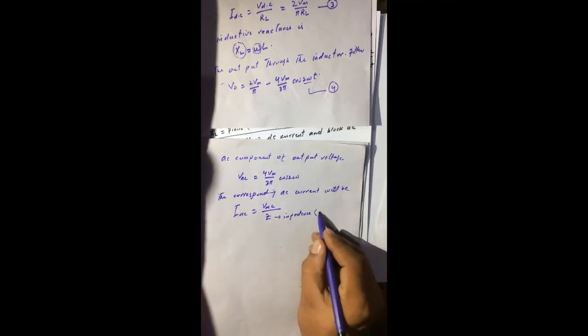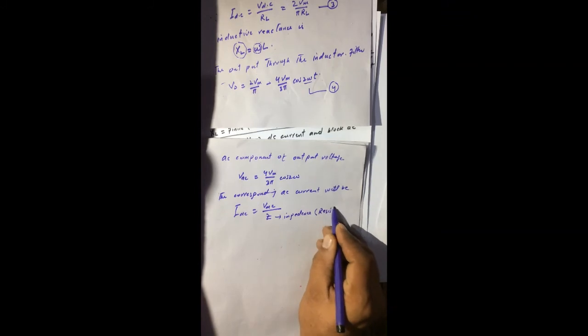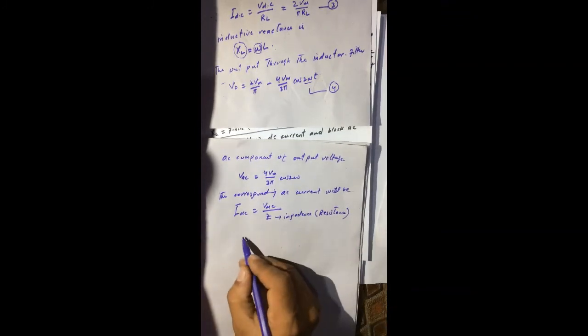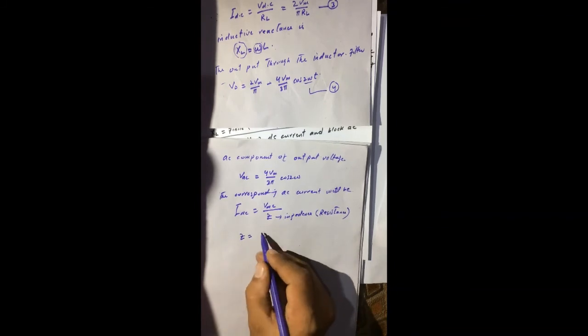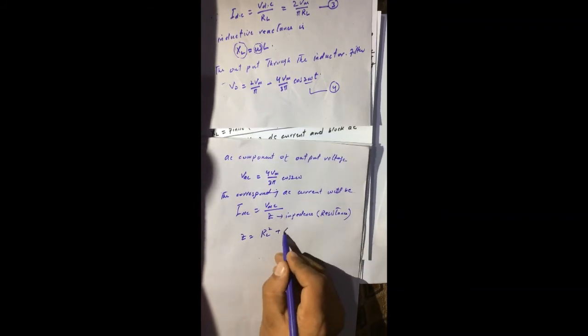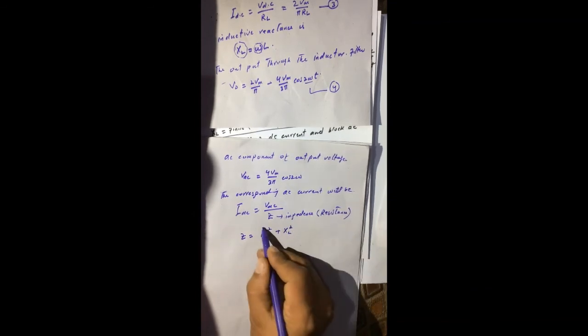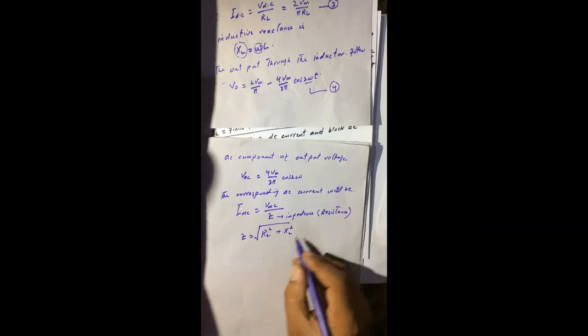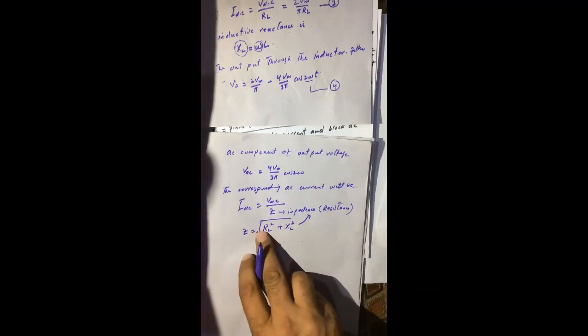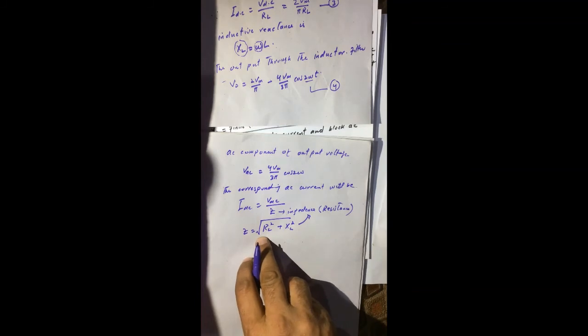This is basically the resistance, and we know that impedance Z has a value which is the square root of the square of the load resistance plus the square of the inductor reactance. This is from your previous knowledge, because I hope you know about it from your FSC course.